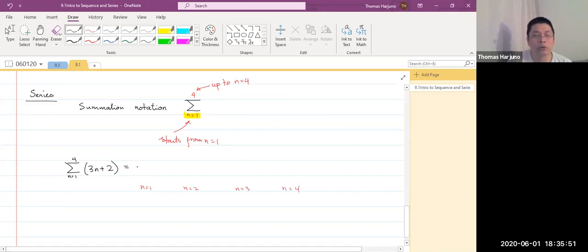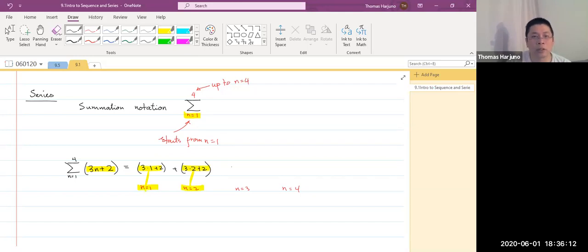When n equals 1, I get 3 times 1 plus 2. That's the first term. Plus 3 times 2 plus 2. That's the second term. Notice that I use the same pattern again: this pattern when n equals 1, this pattern when n equals 2. Plus 3 times 3 plus 2, plus 3 times 4 plus 2.